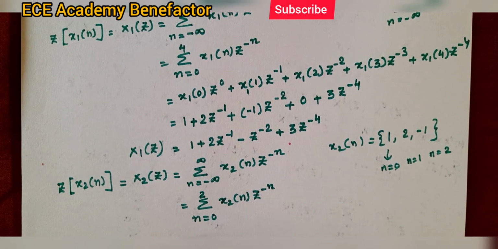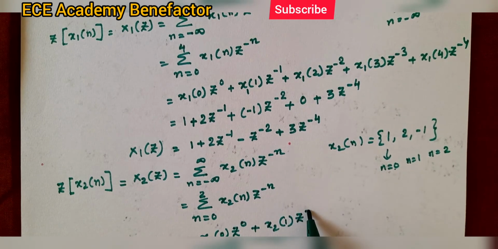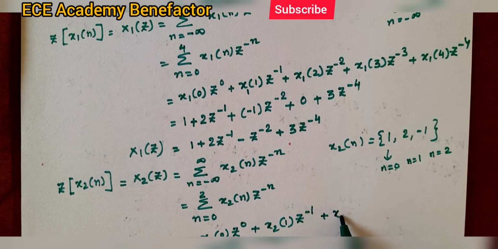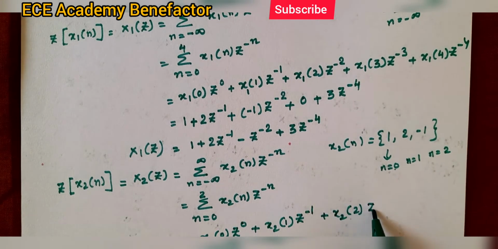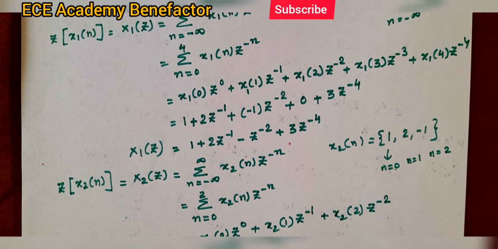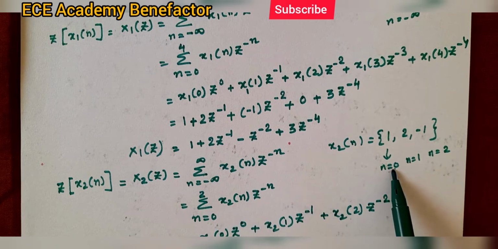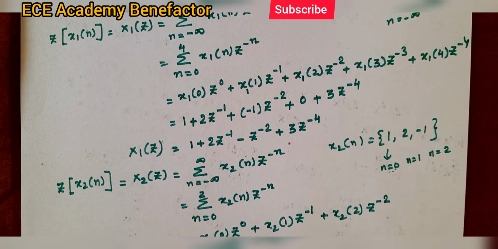Expand the series now: x2 of 0 z to the power of 0 plus x2 of 1 z to the power of minus 1 plus x2 of 2 z to the power of minus 2. So we expanded the series from 0 to 2.